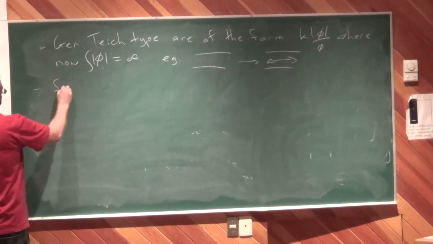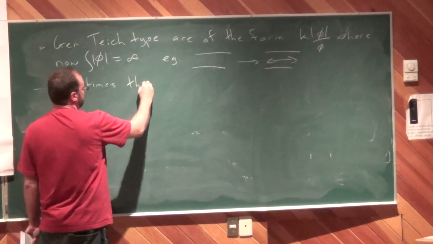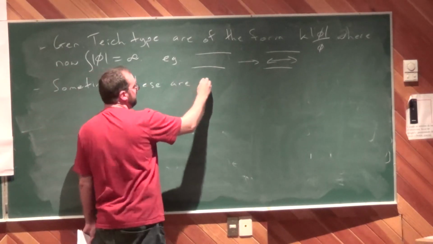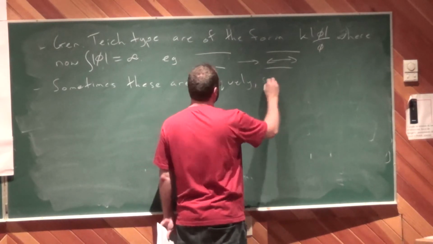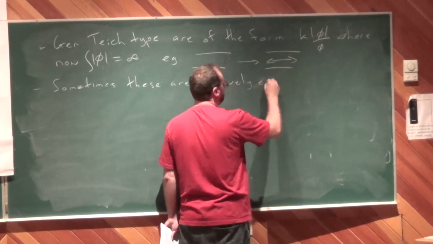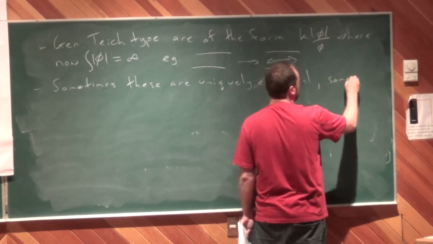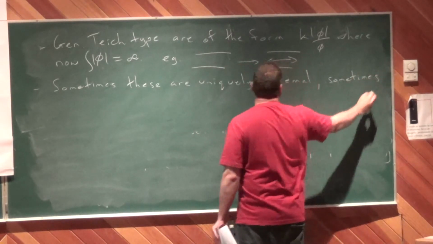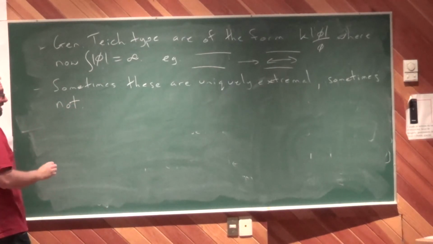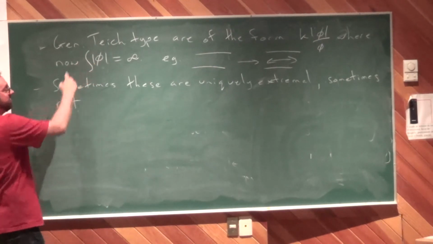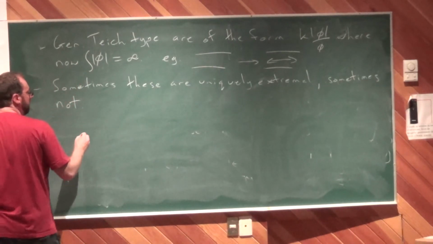So sometimes these are uniquely extremal. Sometimes not. There are conditions which tell you when a generalized Teichmüller type map is uniquely extremal.